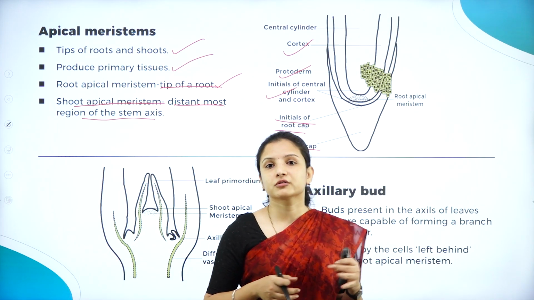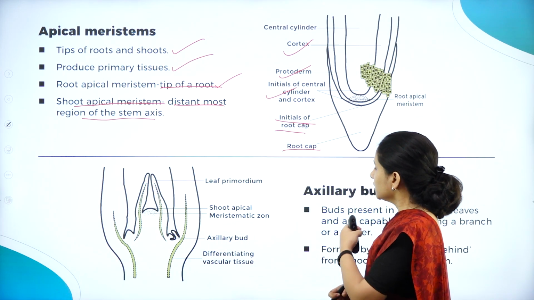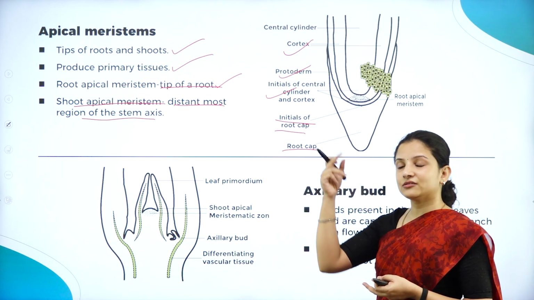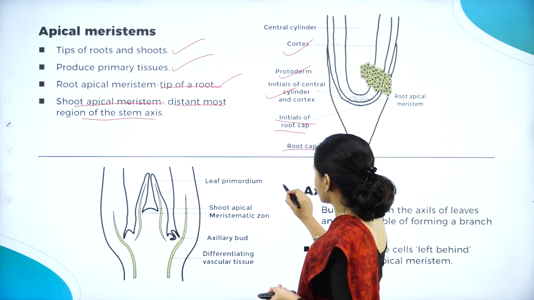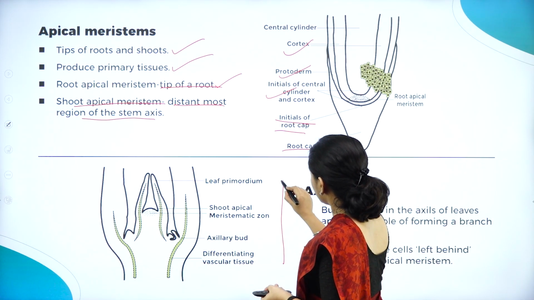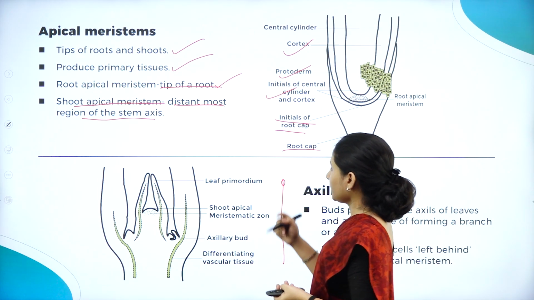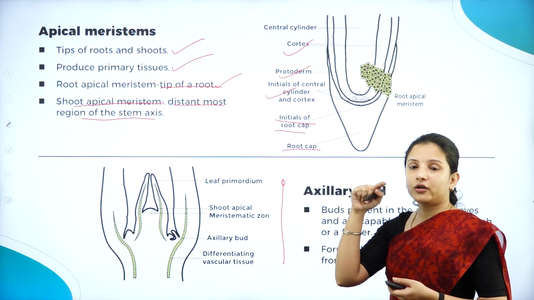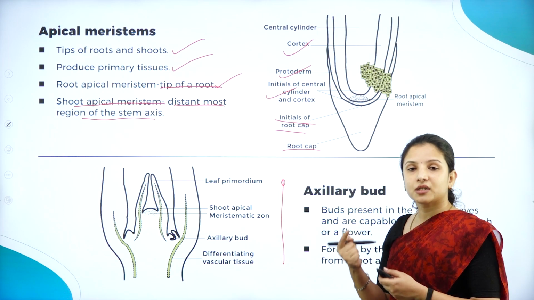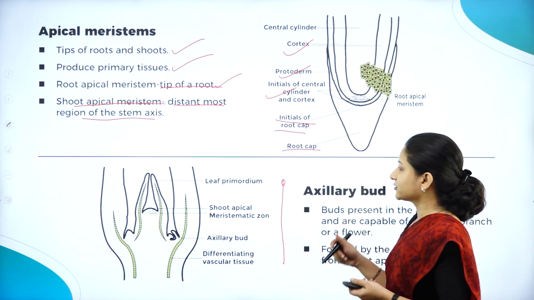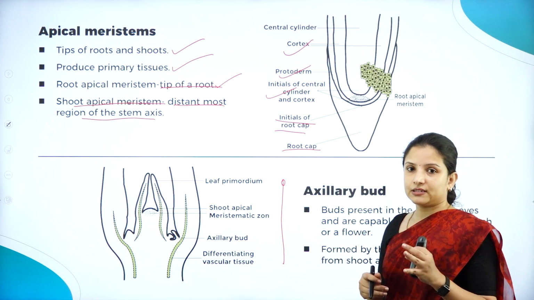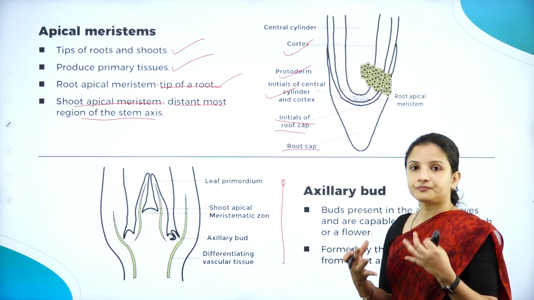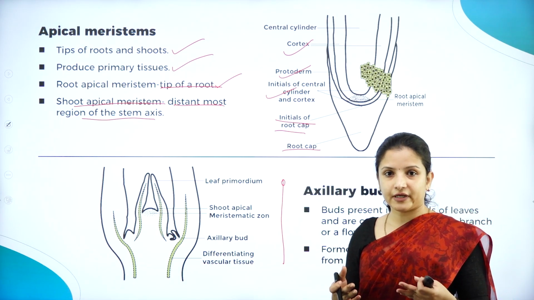So next, moving on to the shoot apical meristem. I told you it is present at the extreme tip. So if this is the shoot, at this particular extreme tip the apical meristems will be present. Therefore, it is also called the axillary bud, because it is from this region that the formation of the leaf arises.